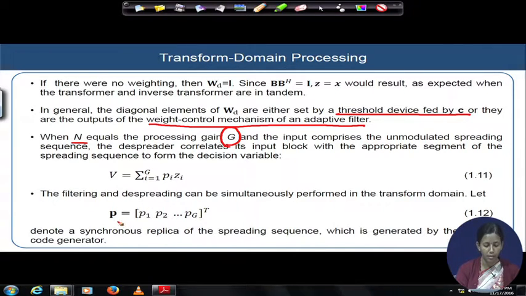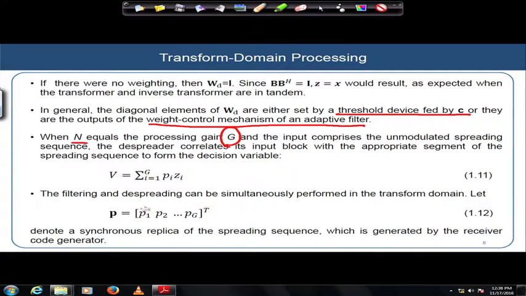Suppose P is the locally generated code signal that we will be dealing with, and let us restrict this discussion to a length of capital G chips, where G is also the processing gain of the system. And this small p vector denotes the synchronous replica of the spreading sequence, which is generated by the receiver code generator.